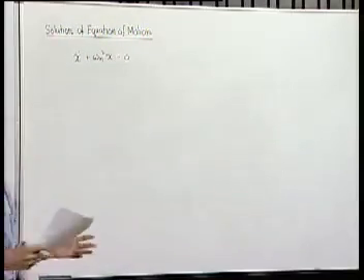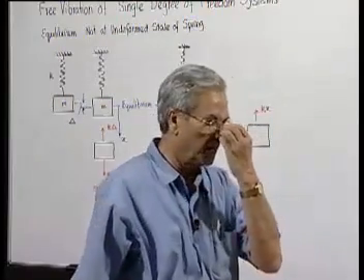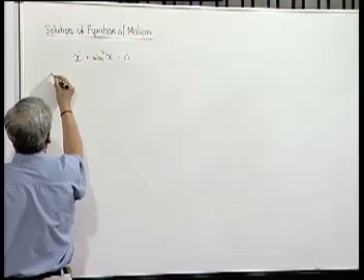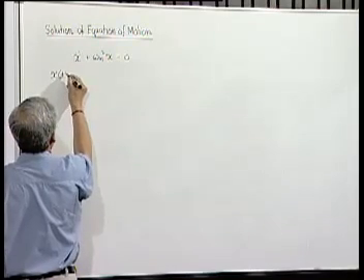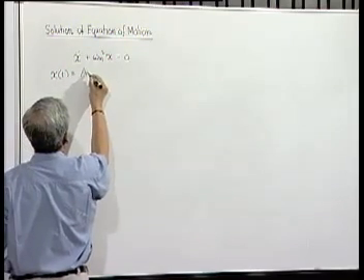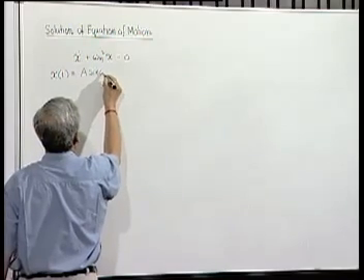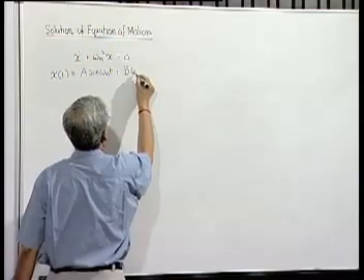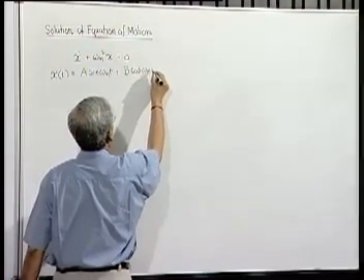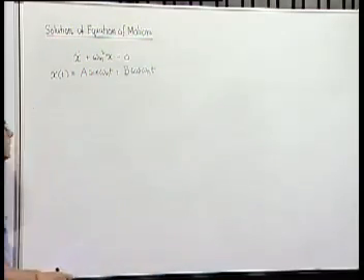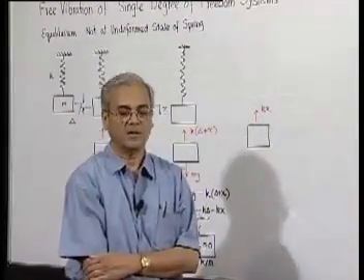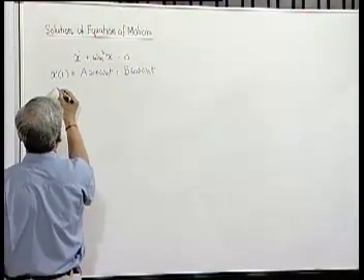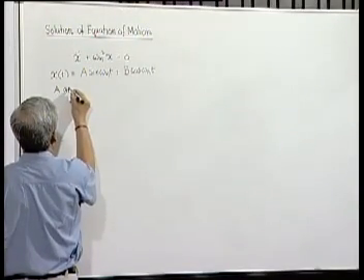And you have all solved this equation, which is a very standard one, and we know that the solution is a harmonic function of time. And you all know that A and B are constants, and these constants are determined from the initial conditions.